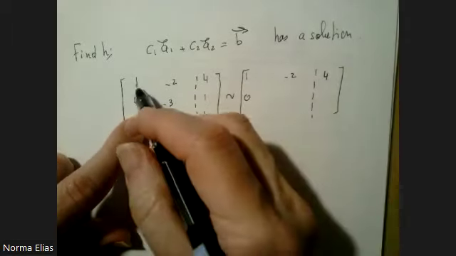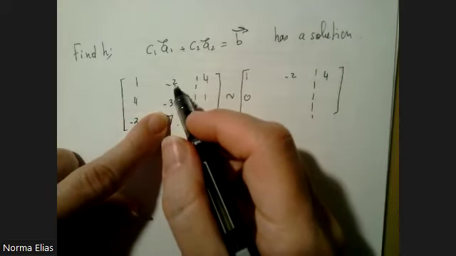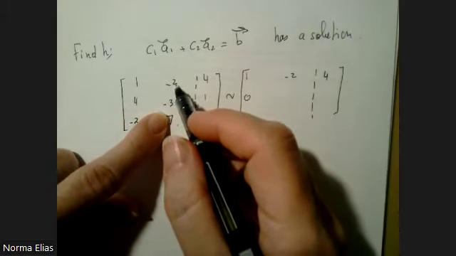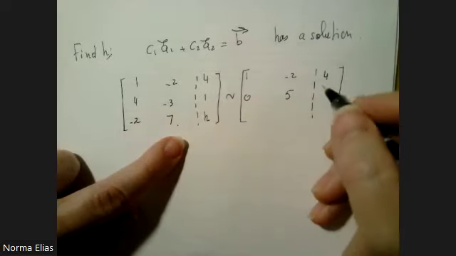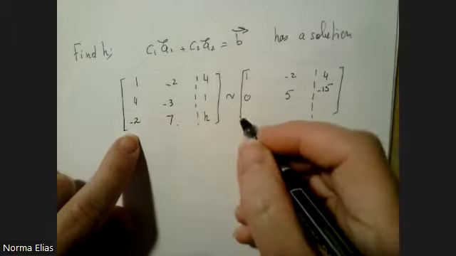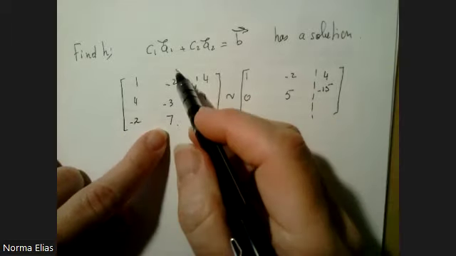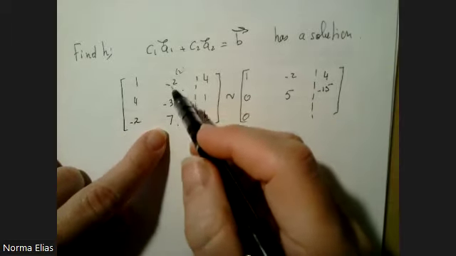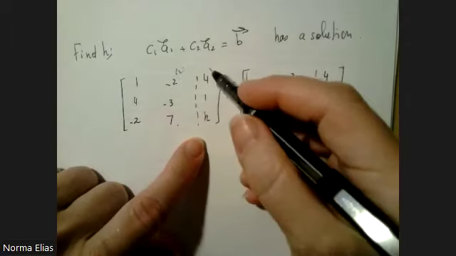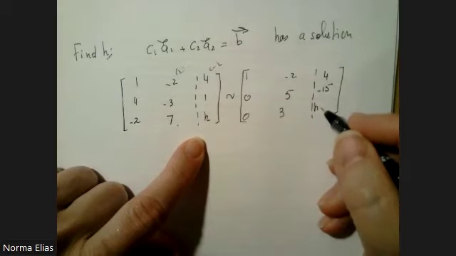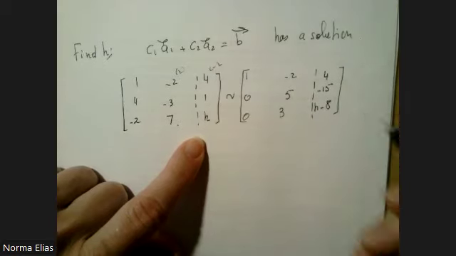That's a 0. I have to multiply by minus 4. Minus 4 times minus 2, that's an 8. 8 minus 3, it's a 5. Minus 16 plus 1, minus 15. That's a 0. And you multiply this by a 2. Minus 4 plus 7 gives me a 3. And multiply this by minus 2, I will get H minus 8.